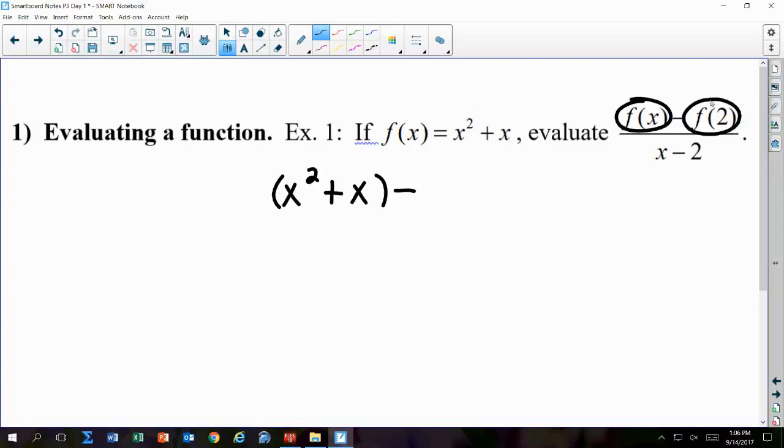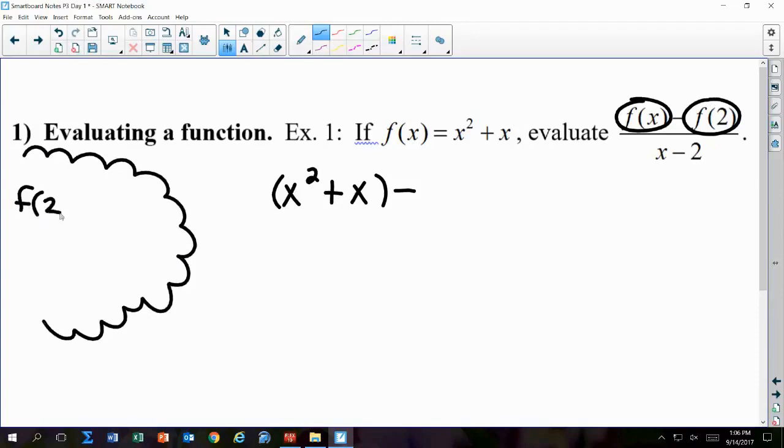I'm going to do a little side note over here. How would I find f of 2? What would I do to find that? I want f of 2. I'm just going to plug in 2 into this f of x equation. So that's going to look like 2 squared plus 2.